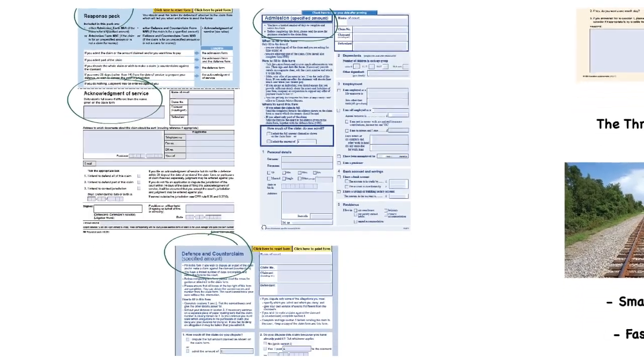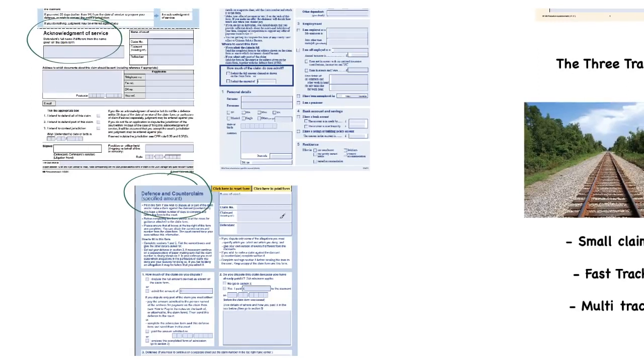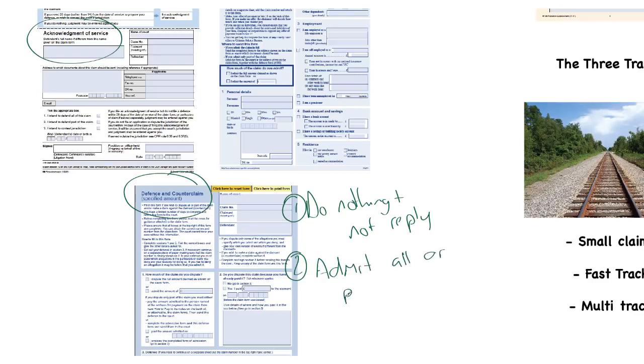Now that means that the defendant can do one of 3 things. The defendant can either do nothing and not reply. Can ignore it. Not a brilliant strategy, I have to say. The defendant can admit all or part of the claim.